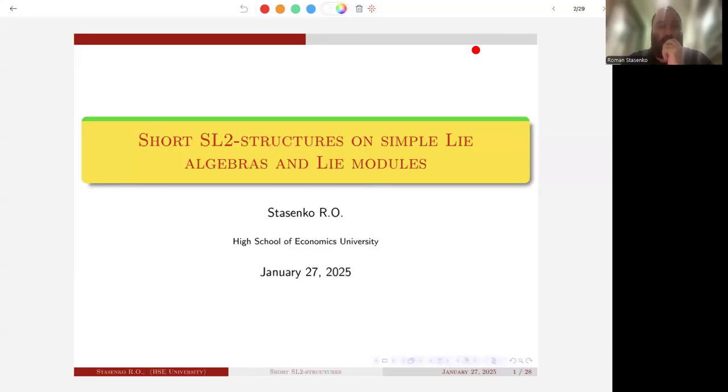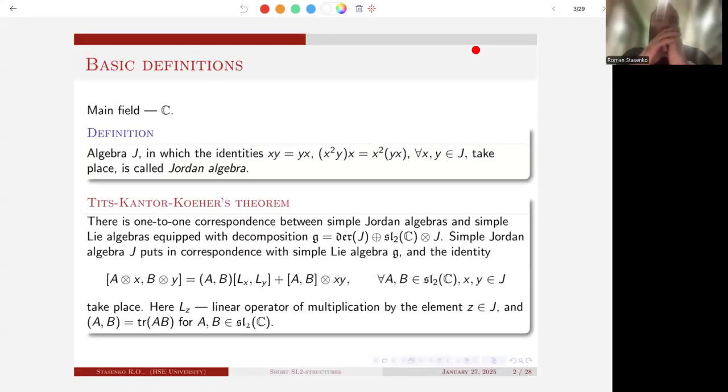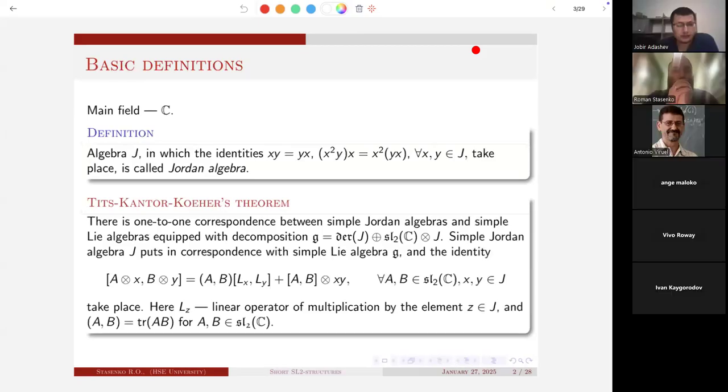So, as you see on this slide, the theme of our talk will be short SL2 structures on simple Lie algebras and Lie modules. At first, let me give some key definitions. The main field during all my talk will be the field of complex numbers, as is usual in the algebraic theory.